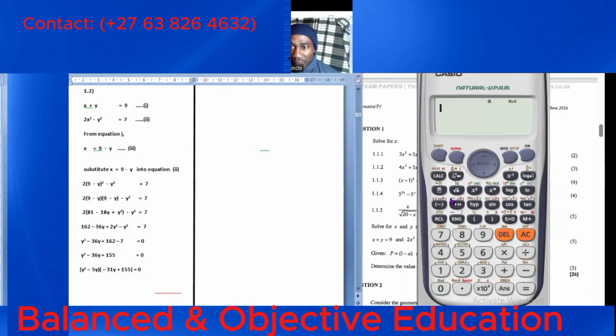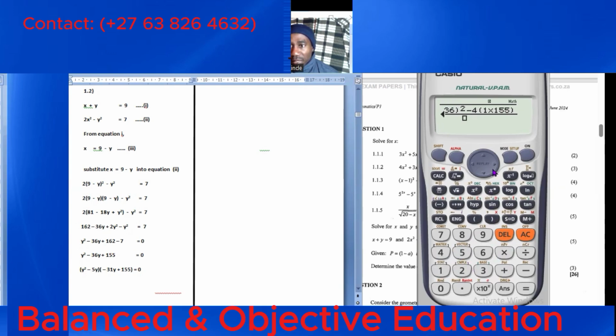So using our calculator, we click on this button, then we come here. So B is negative 36. So we have negative 36. That will give us positive 36 plus the square root of negative 36 squared, then minus 4 into A. Our A is 1, then multiply by C, which is 155.